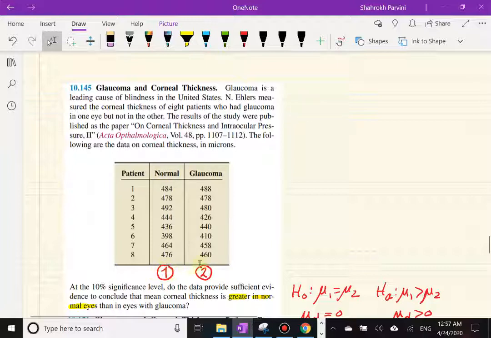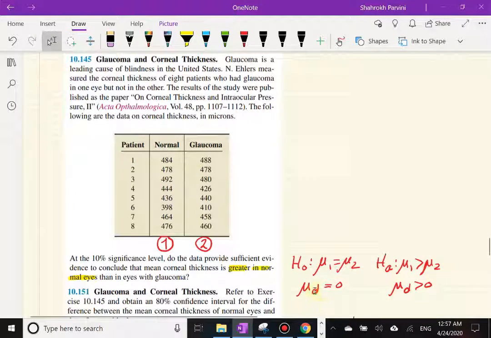Mu1 bigger than mu2, right? Greater means mu here is bigger than here. So that's why I have mu1 greater than mu2. And that means the difference is 0 on the null side. Alternative, mu d is positive. So positive difference means thicker cornea for the normal eye.